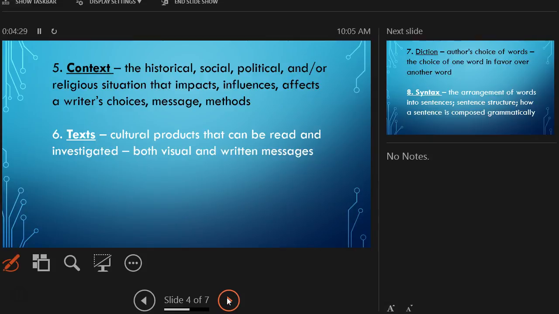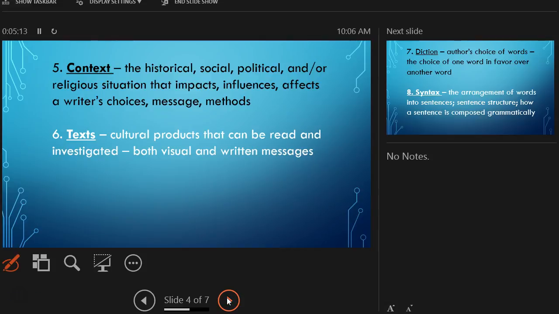Then, when we do rhetorical analysis, we must look at the context of the piece. And the context is the historical, social, political, and or religious situation that impacts, influences, affects a writer's choices, message, methods, etc. What this means is, when we're looking at a piece of nonfiction, we have to look at when it was written, who's writing it, who is the audience, what's the political situation at the time, what's the affiliations of the audience, how's the audience going to respond, are they angry to begin with, are they open to the ideas that the writer's presenting before the writer begins.